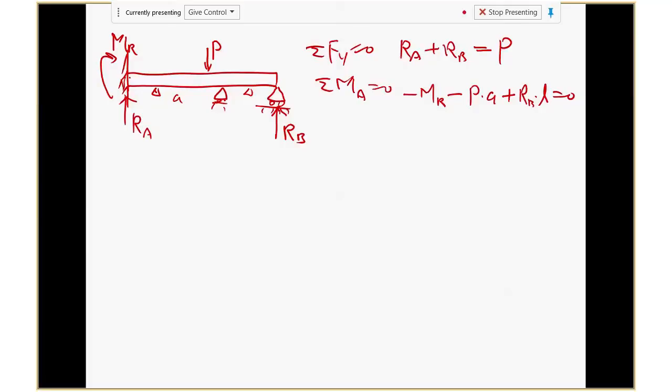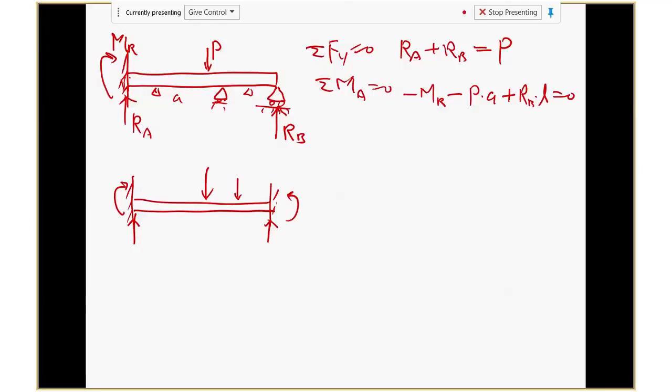Now what if I have a beam like this, applying load here, or maybe another load here? It doesn't matter how many loads there are. Is this one determinate or indeterminate? It's indeterminate. The reason is, you're going to have RA, RB, MA, MB.